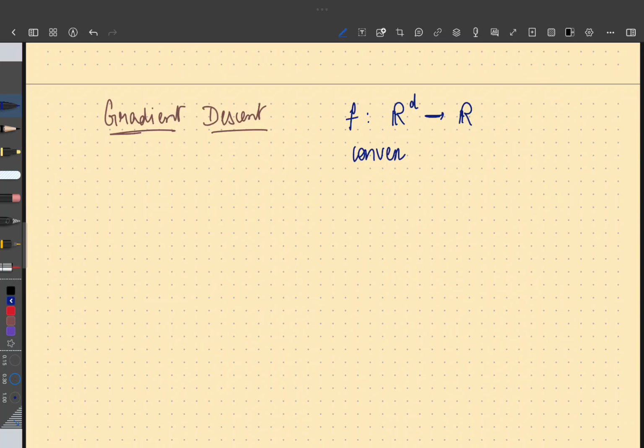So gradient descent would start with some initial point x0 and then perform the following sequence of steps.